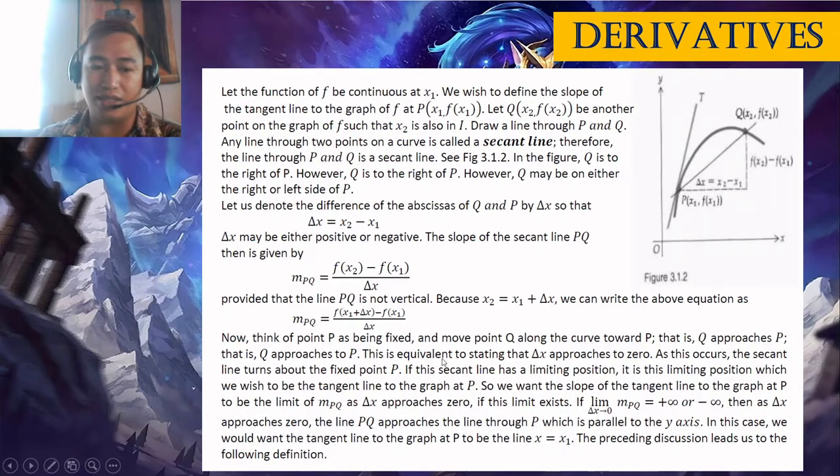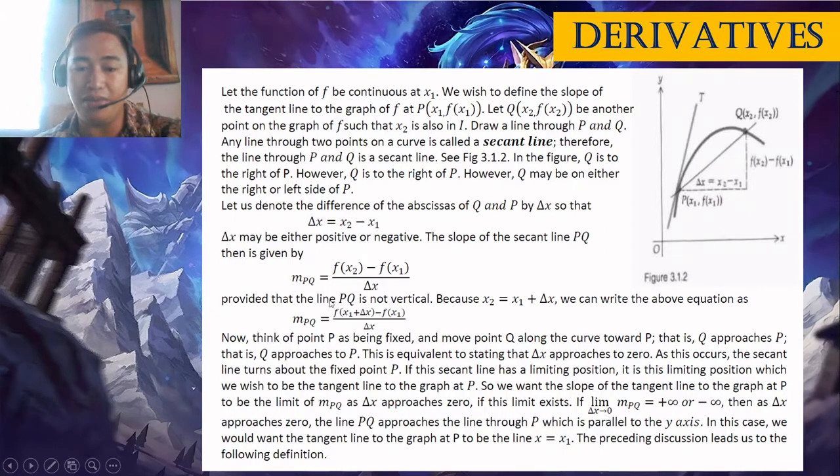As this occurs, the secant line turns about the fixed point P. If the secant line has a limiting position, it is this limiting position which we wish to be the tangent line to the graph at P. So, what is the tangent line? We take the limit of m sub PQ. We want the slope of the tangent line to the graph at P to be the limit of m sub PQ as delta x approaches 0, if this limit exists.